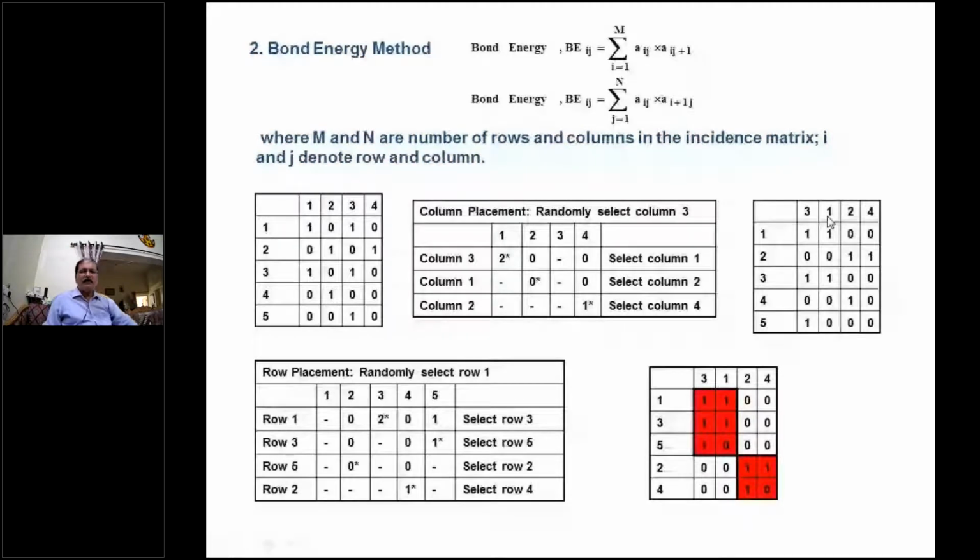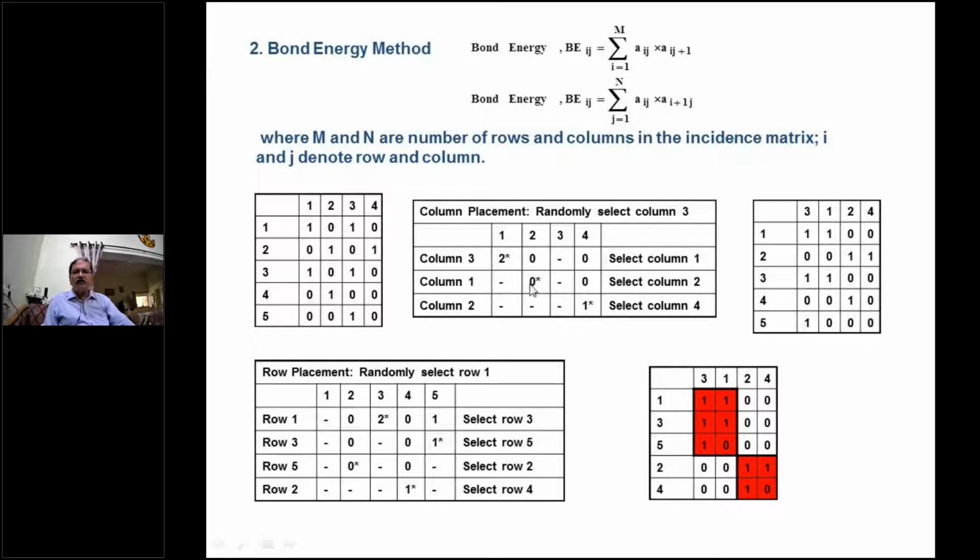Then with column 1 you calculate the bond energy with the other columns. Column 1 with 3 is not needed since column 3 is already selected, so we find it with column 2 and column 4.